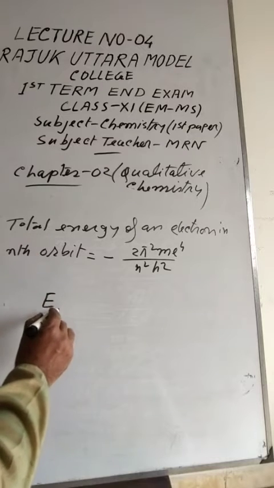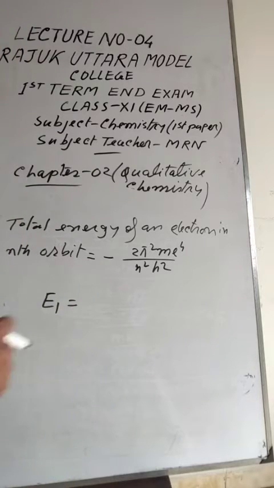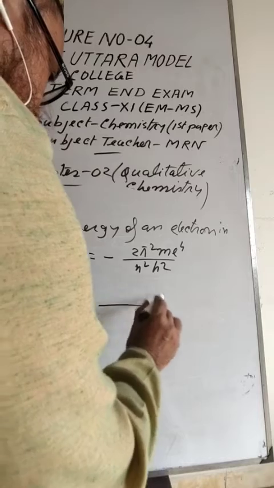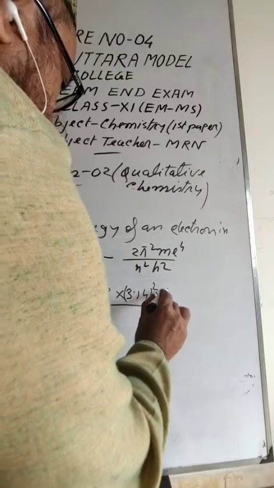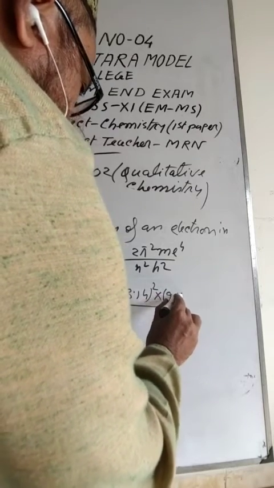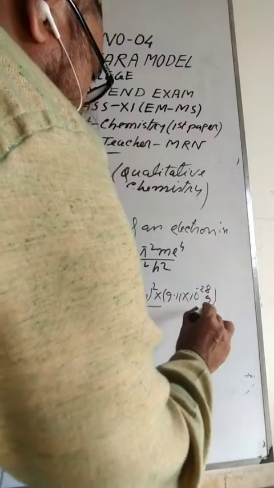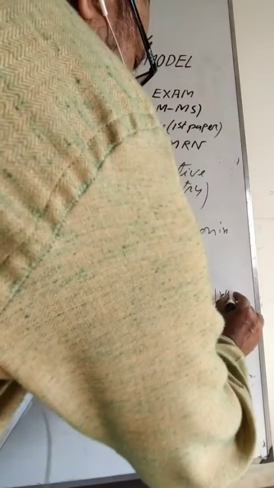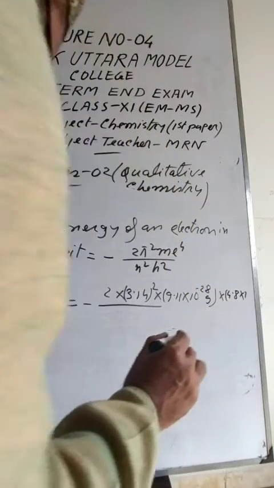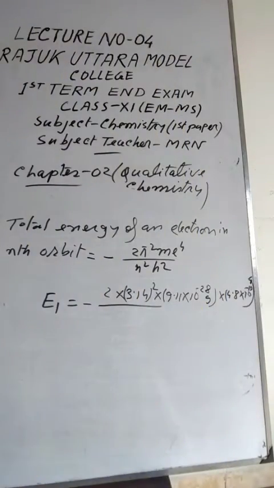According to this formula, it is minus 2 pi square, where pi is 3.14 squared, times m, 9.11 into 10 to the power minus 28 gram, into the charge of the electron, 4.8 into 10 to the power minus 10 ESU, to the power 4.